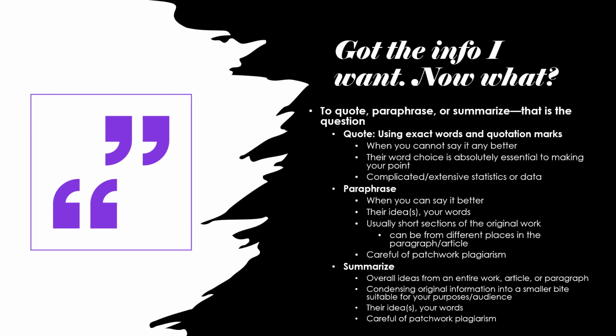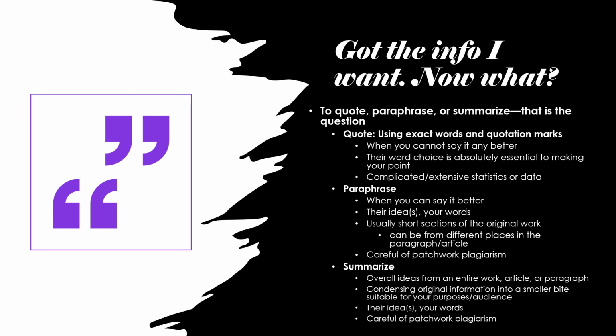So paraphrasing is their ideas, your words, but short chunks. Summarizing is when we're doing much bigger chunks. So we are going to be giving overall ideas from an entire work, an entire article, or even an entire paragraph. And it's condensing a lot of the original information into a much smaller bite suitable for your purposes and audiences. You might be summarizing the entire point of an article into less than a full sentence.